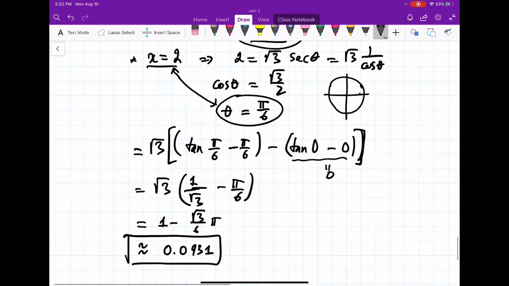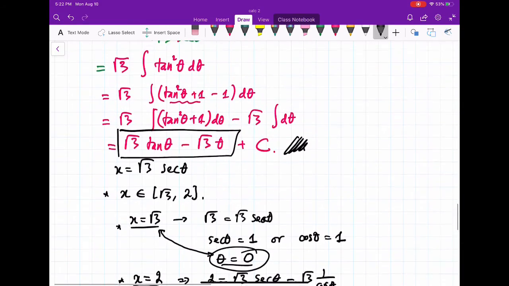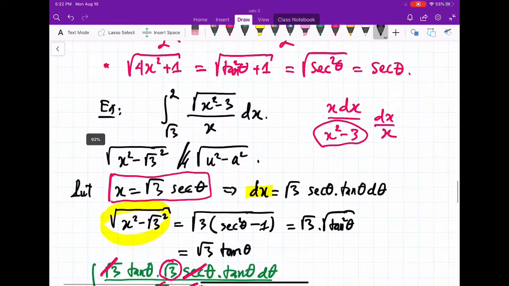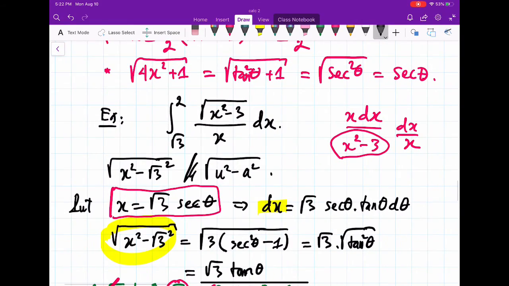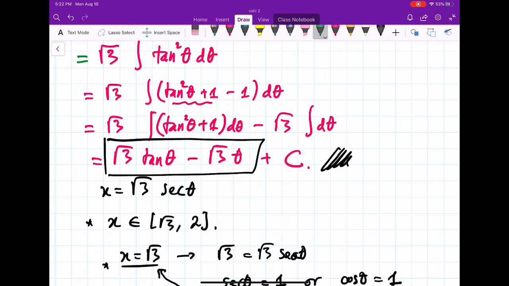You see, it is pretty long, right? But that's how we can use trig substitution to solve such integrals. Of course, as I mentioned, if you want, you can go back from here to the x.